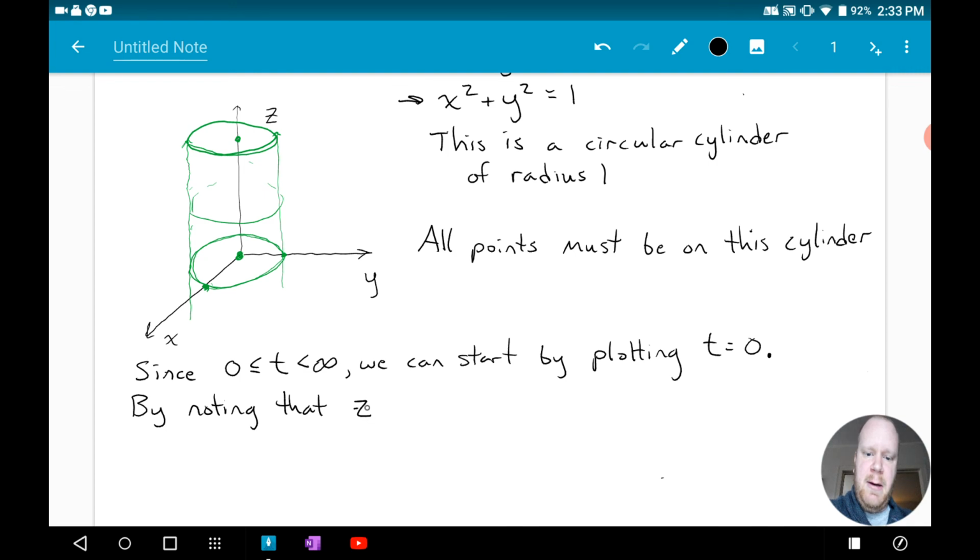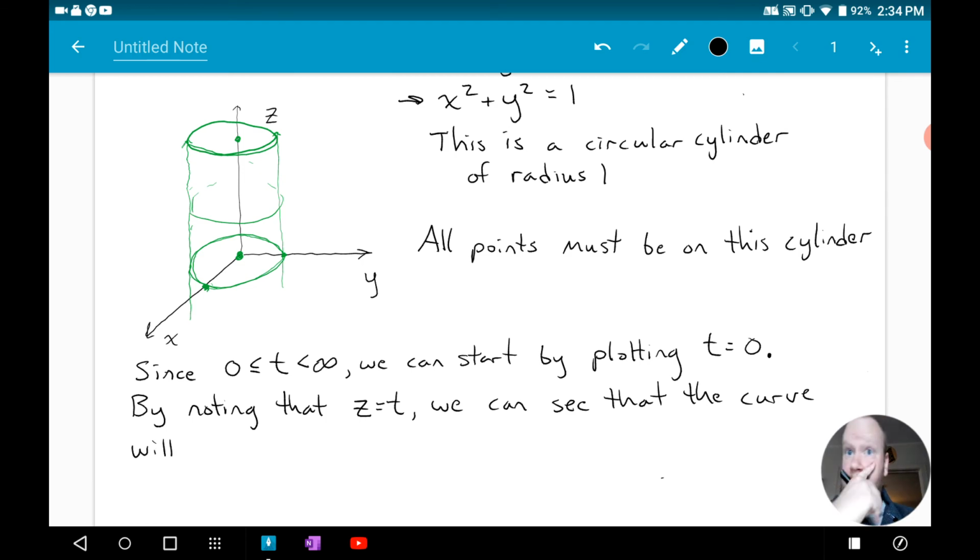By noting that z is equal to t, we can see that the curve will travel up the cylinder as t increases.